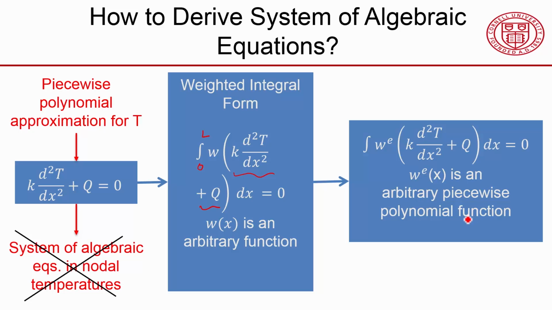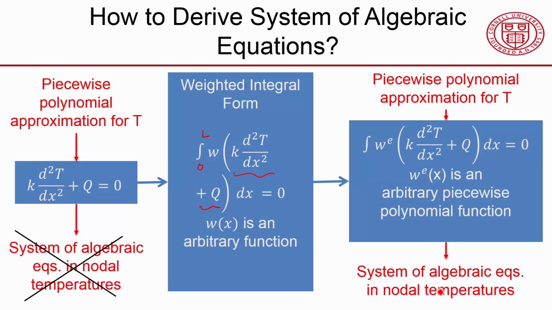That means I assume a shape for W that looks like the shape for temperature, and we'll see that in a minute graphically. And then when I've approximated the weighting function that way, so I have a shape for temperature, I have a shape for W. Now if I plug that shape into this, out pop my system of algebraic equations in nodal temperatures.